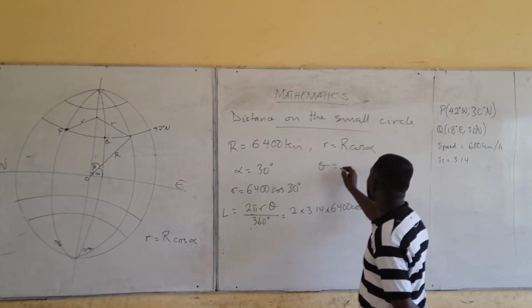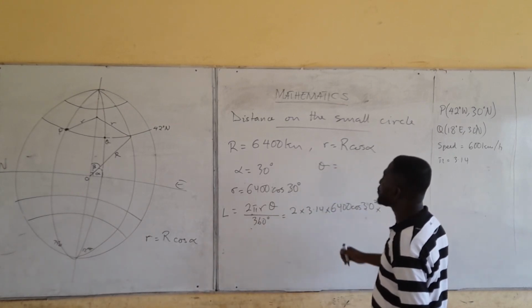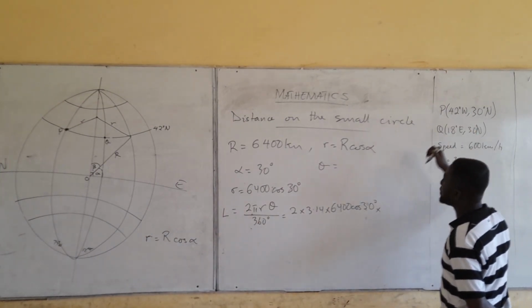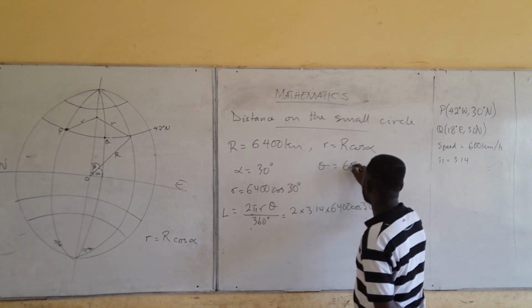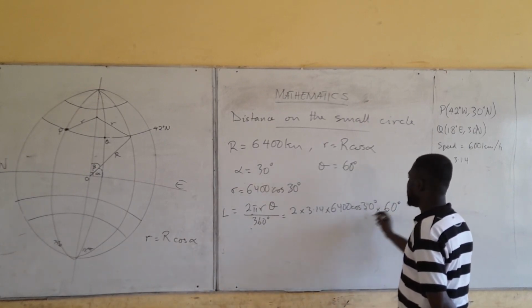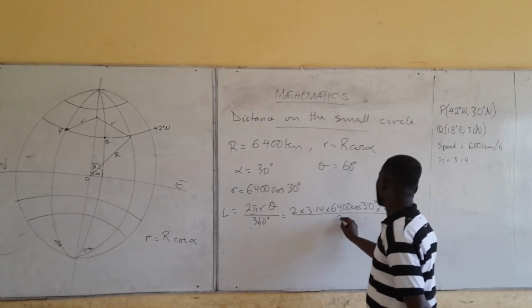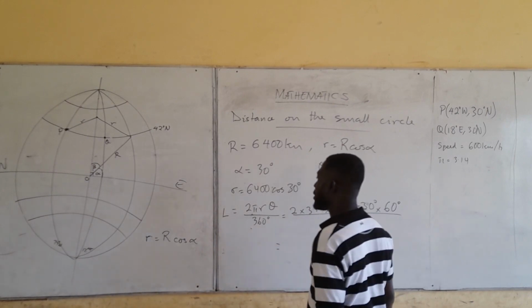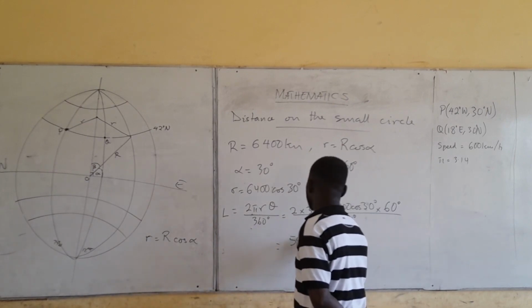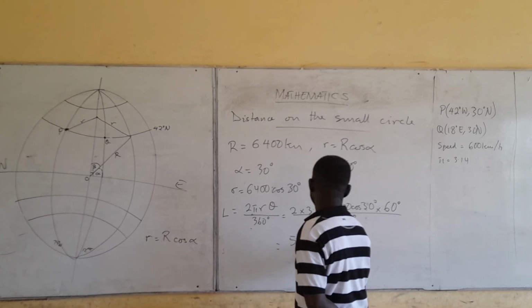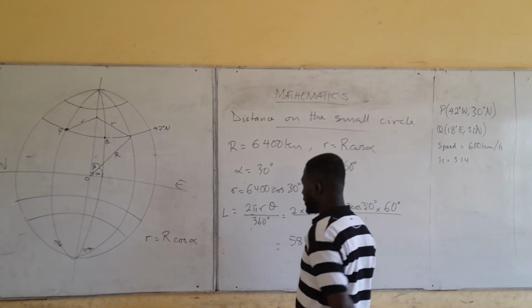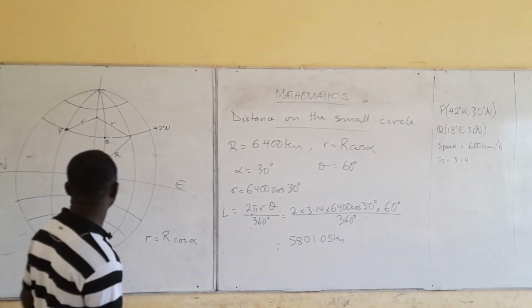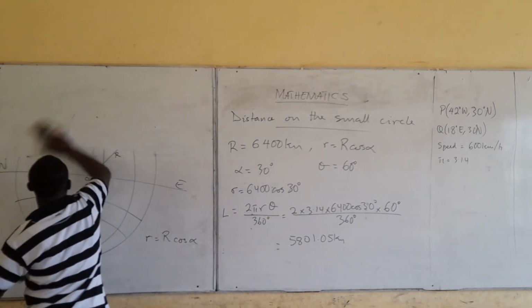Theta is, since we have two different locations, we need to add them. So that is 42 plus 18, which is 60 degrees. So times 60 all over 360 degrees. On the calculator this gives 5,801.05 kilometers. So this is the distance between the two towns P and Q.